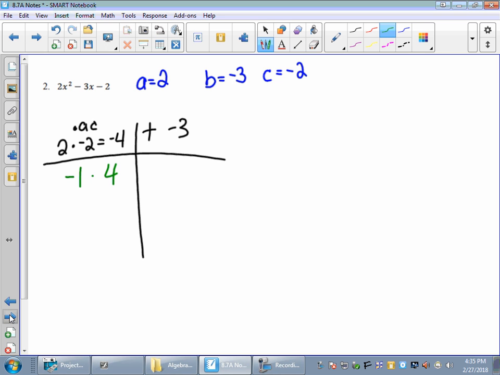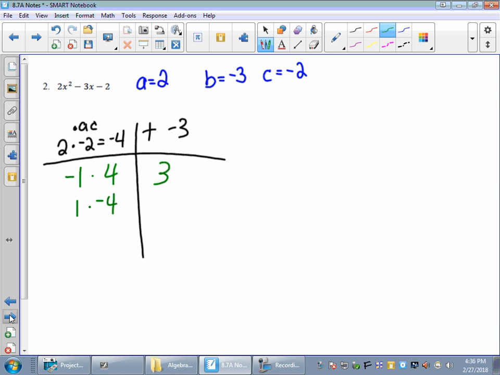If I added those, I have negative 1 plus 4 would give me a positive 3. Well, it's close, but it doesn't quite get there. We have the right number, but we need negative. In order to get to a negative 3, what we want to do is go ahead and write down a positive 1 and a negative 4.